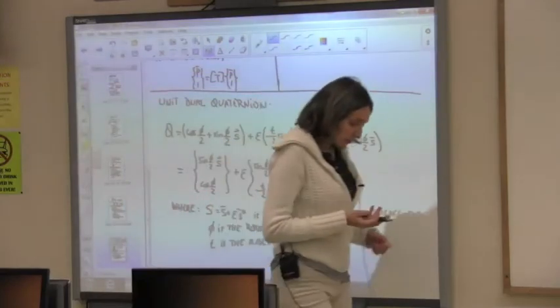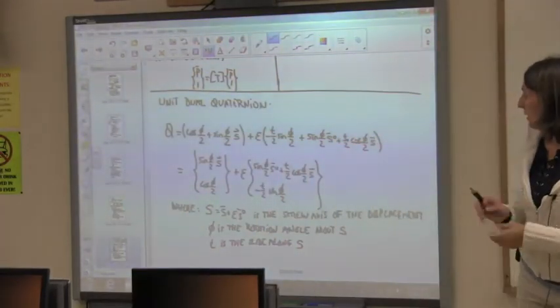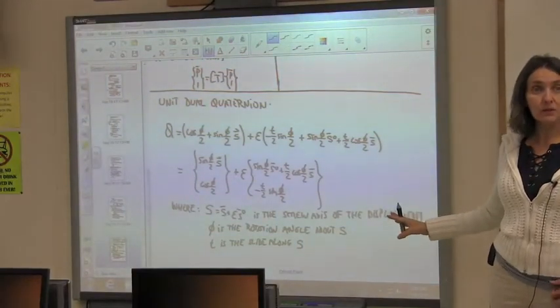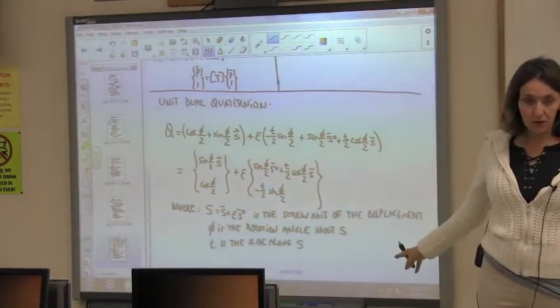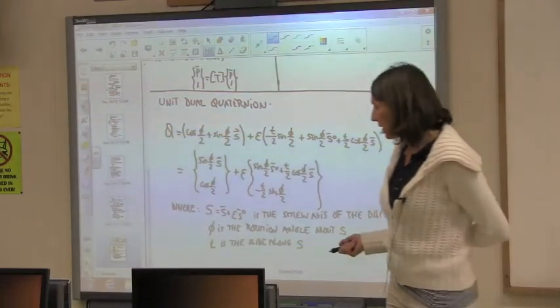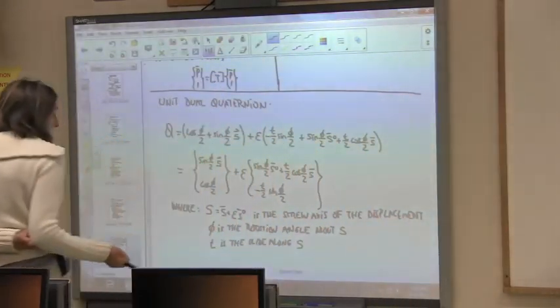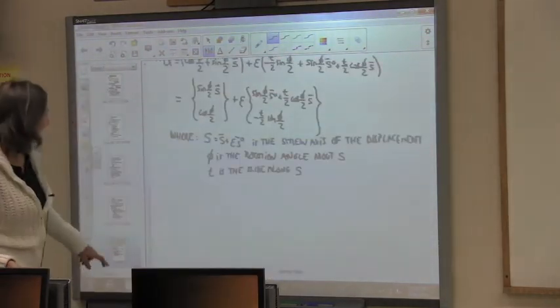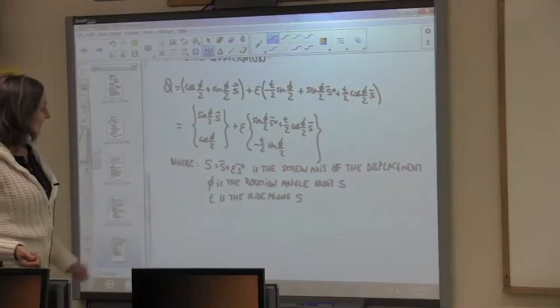So one of the advantages of using the dual quaternions is that it's very easy to find the invariants of the displacement directly from the expression of the dual quaternion. In a matrix, it's much more complicated. All right.